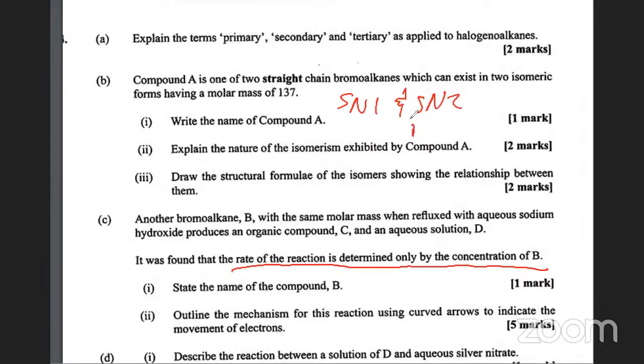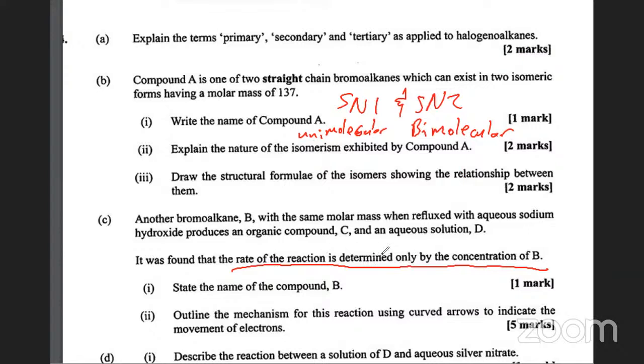Remember, SN2 is bimolecular, meaning both the nucleophile and the haloalkane affect the rate of reaction. But SN1 is unimolecular, meaning only the haloalkane will affect the rate of reaction. So this is what you should use to know the name of the compound.